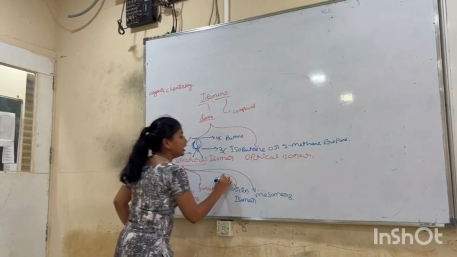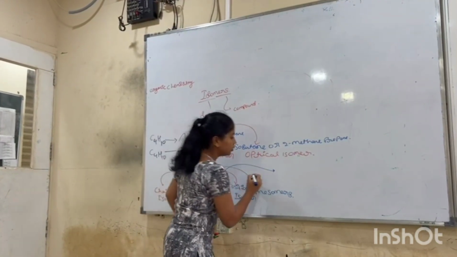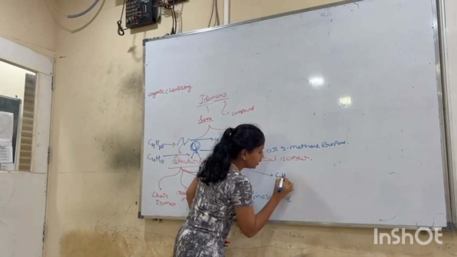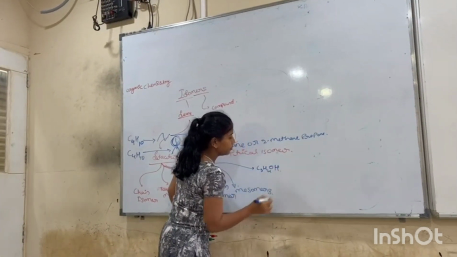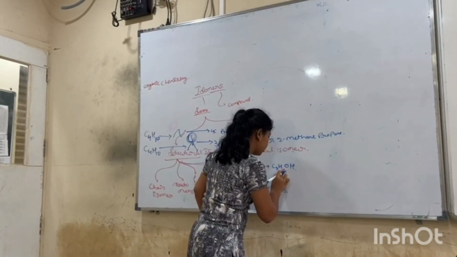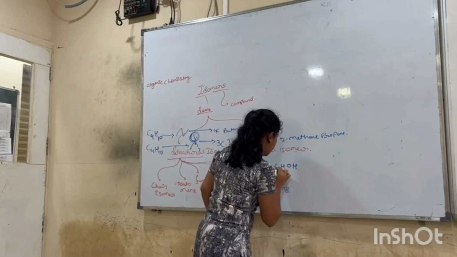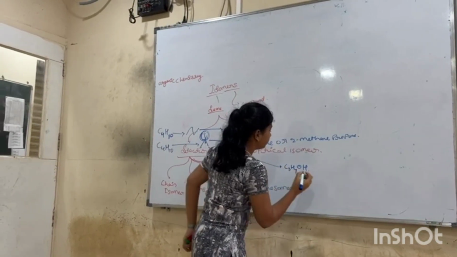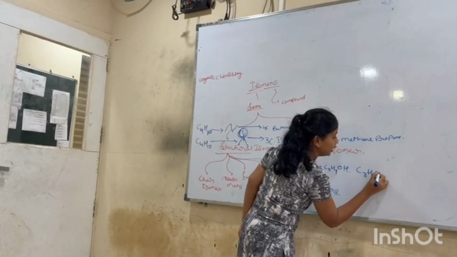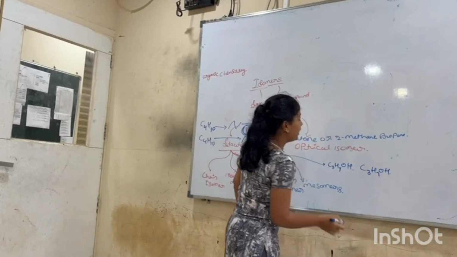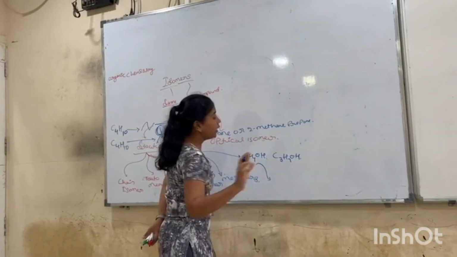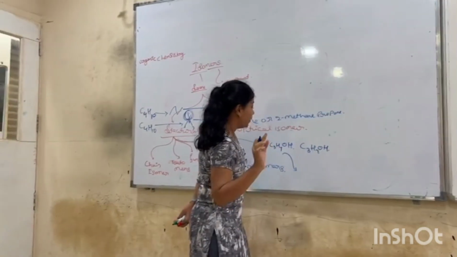In case of this functional isomer, one is C3H7OH. Another one is also C3H7OH. This is propanol.